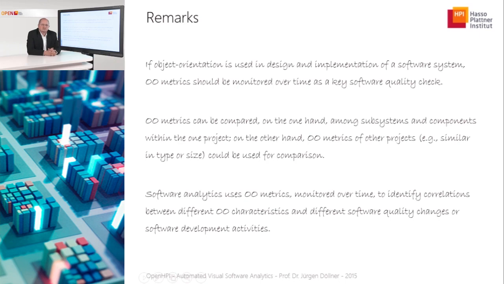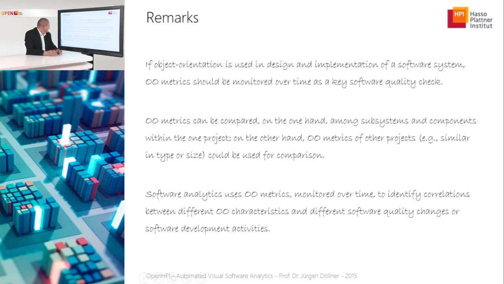On the other hand, object-oriented metrics can be compared for other similar projects, for example, third-party systems or even competing systems, to see how they take advantage of object-oriented design principles and what their metric values are related to the object-oriented design.